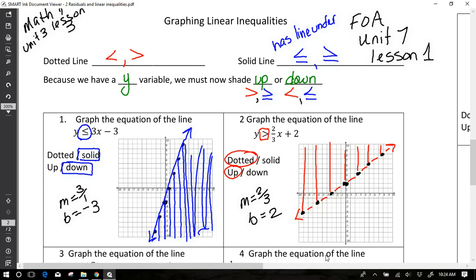So let's take a look at our number 2. My slope and my y-intercept were easy to identify from the equation. It's 2/3 and b. So I plotted all of my points. Now my inequality says y is greater than. So there's no line underneath, which means I will not have a straight line on my graph. It's going to be a dotted line.